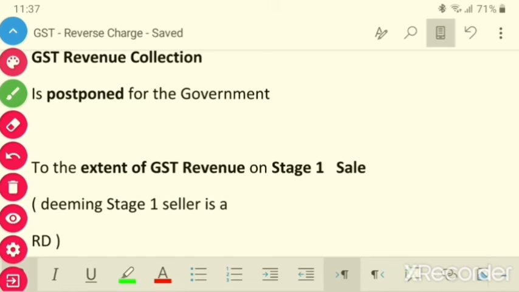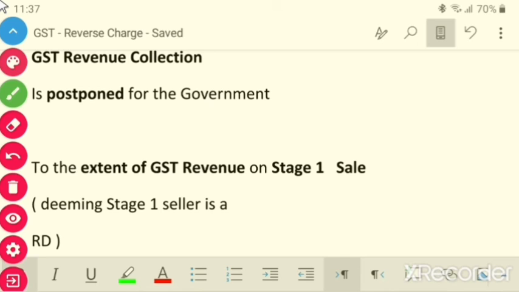So to avoid such situations, government has levied reverse charge. At least to the extent of stage 1 sale, which is deemed as if sold by a registered dealer in our example, that 18 comes to the government early, as if normally he has purchased from a registered dealer and the registered dealer has remitted 18 rupees to the government.